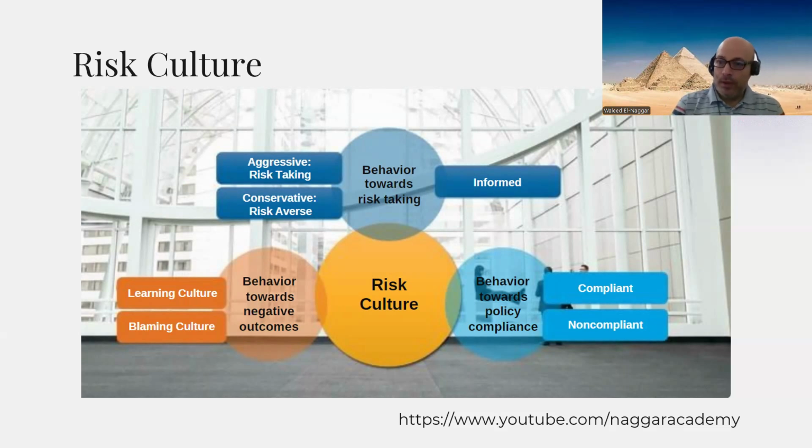This went wrong, and we lost money, or we lost business. Let's sit and learn from it so that we can do better next time. Some cultures are blaming. Let's find out who we should blame for it. Let's point fingers. Let's find a goat to sacrifice. And the behavior towards policy compliance: are we concerned about compliance or we don't care?